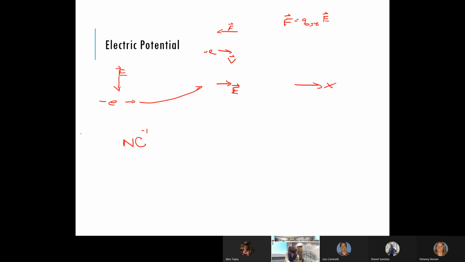For whatever reason, the system doesn't like writing this. I think it's programmed in as a Newton per Coulomb, but it displays it as a Newton times an inverse Coulomb, or a Coulomb to the negative first. So all it means is that you take that C and move it to the denominator.